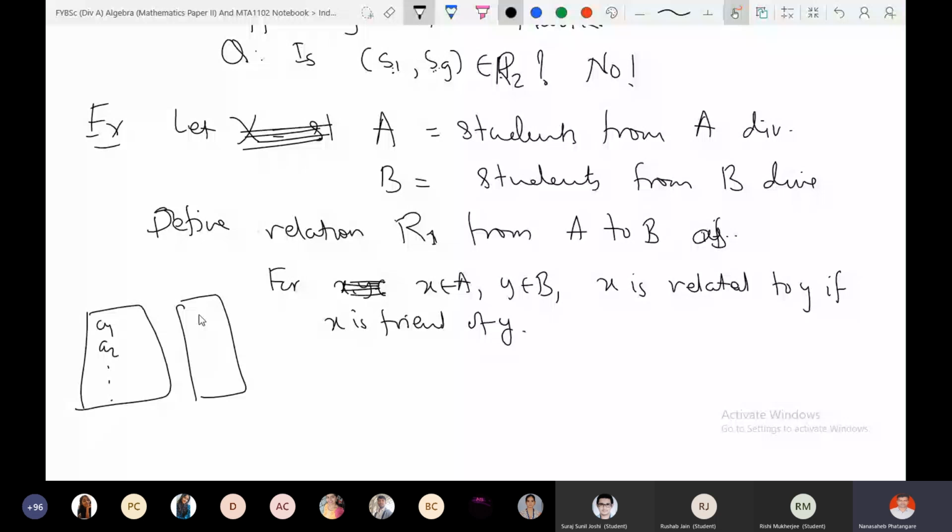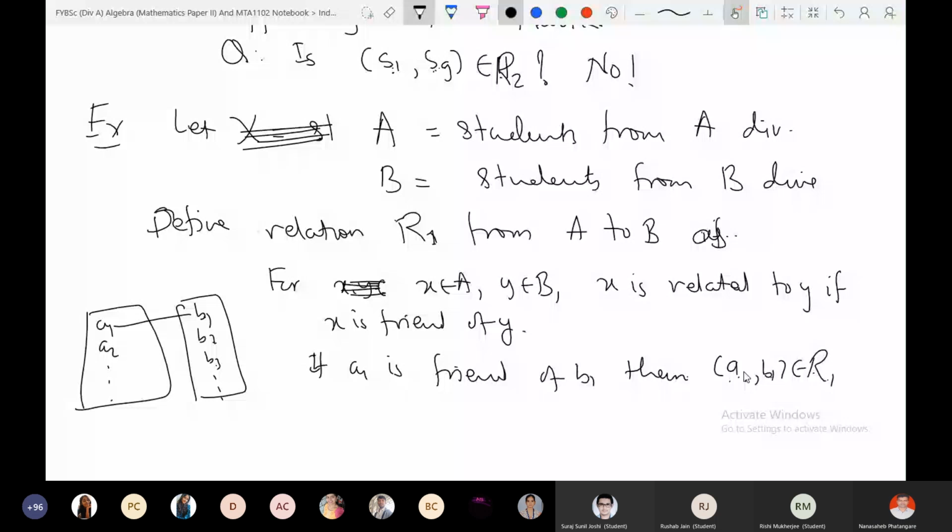If A1 is a friend of B1, then the pair A1, B1 is in R1. The pair is in the relation. And obviously B1 is also a friend of A1. Friendship is not a one-way relation, right? Do you understand this?